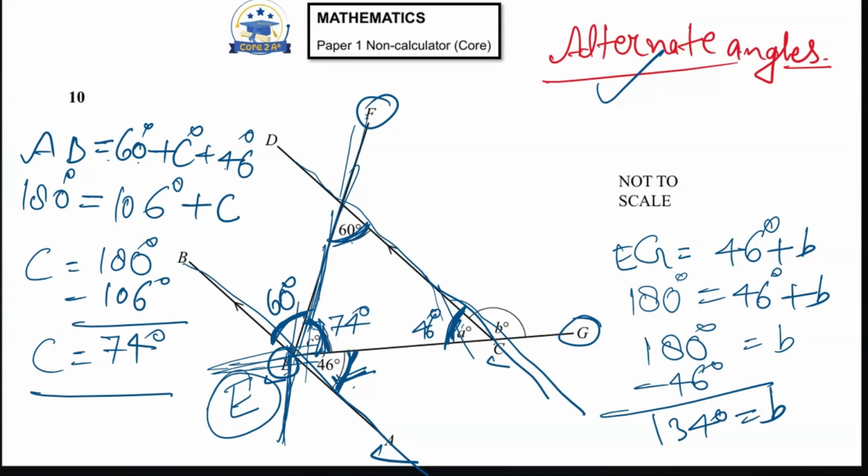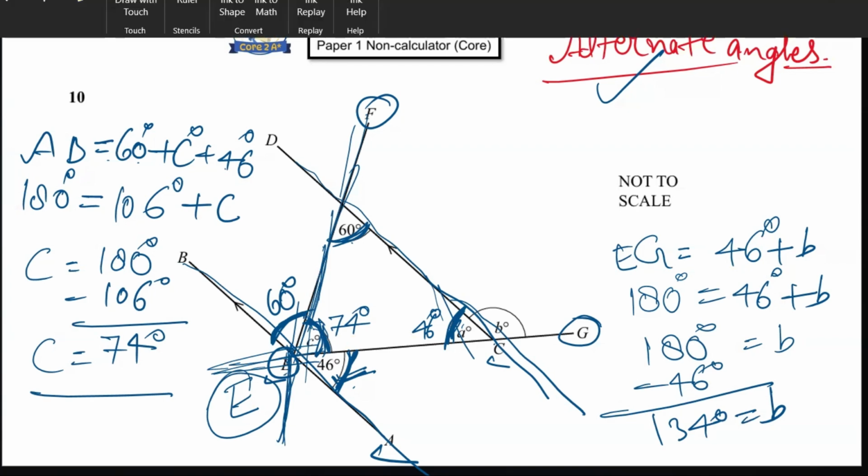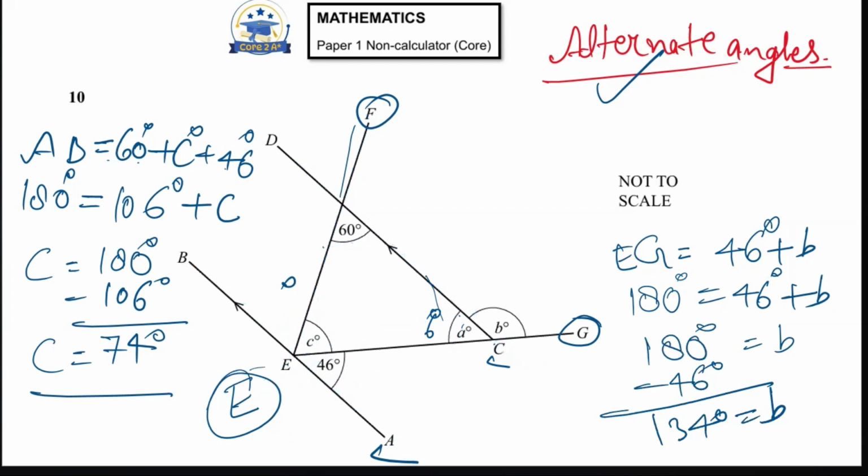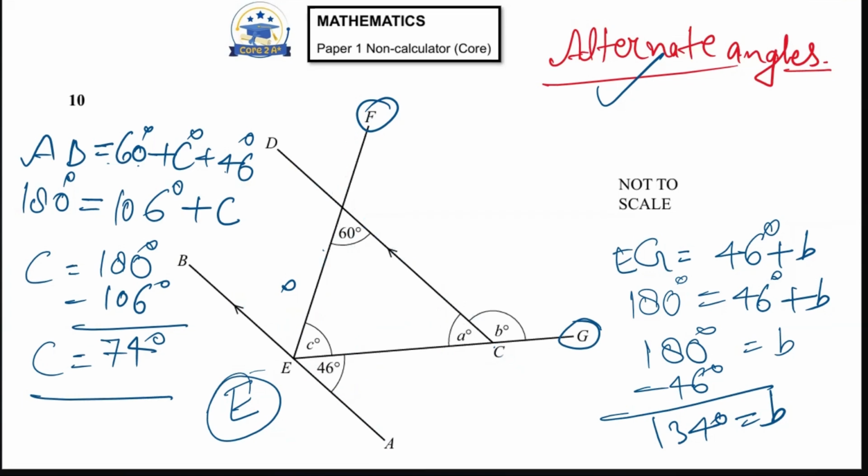If you still have any doubt, please let me know. I am repeating to explain. These two arrow lines are parallel. So if this is 60, that would also be 60.